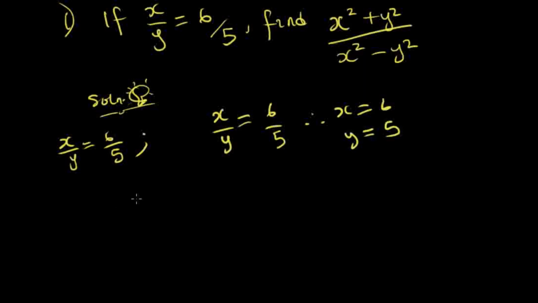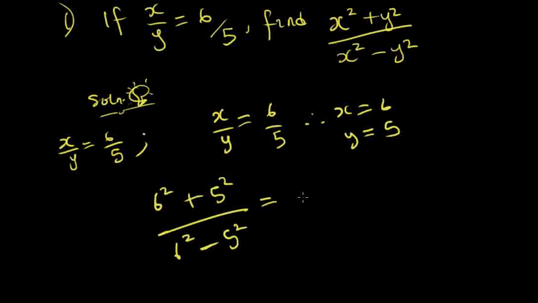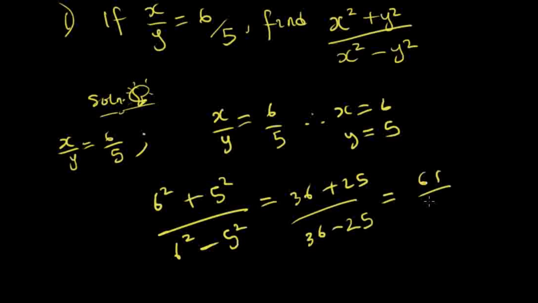So you can now plug it into the equation. So you have 6 squared plus 5 squared over 6 squared minus 5 squared. So this is 36 plus 25 over 36 minus 25, and this is 61 over 11, just like we got the previous time. So this is just a little introduction to algebra problems. Okay, so we'll go to the next one.